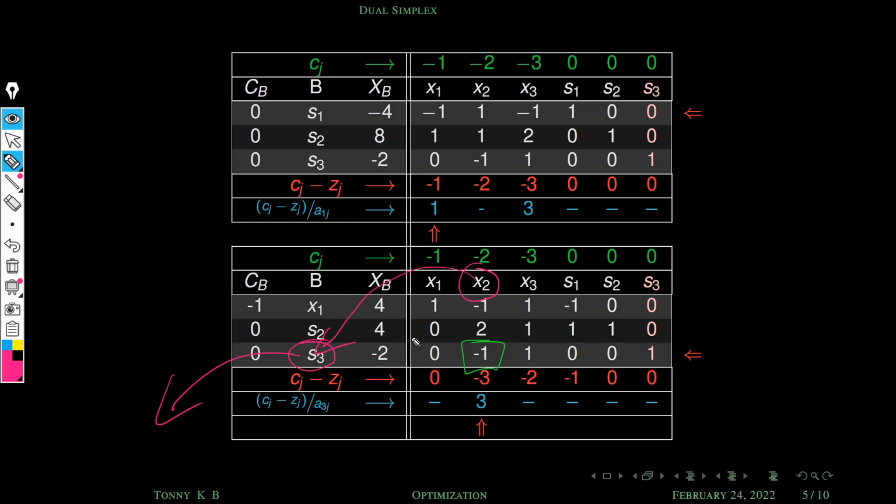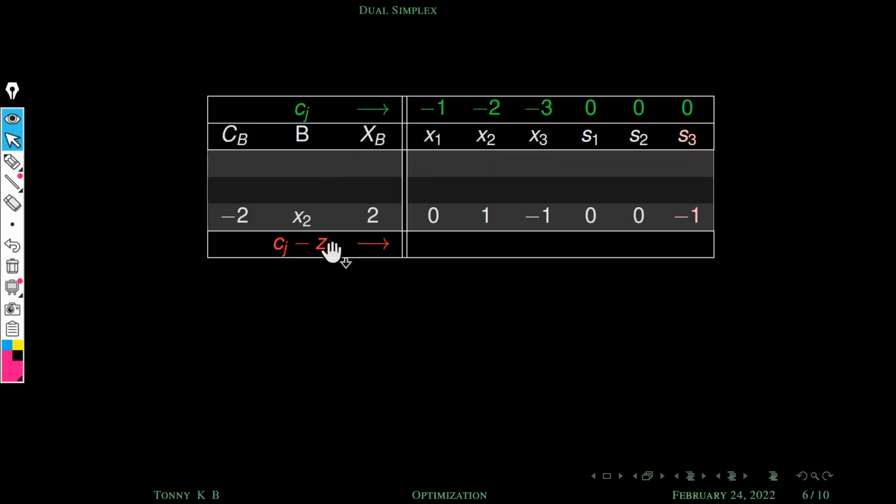Clear? To convert this minus 1 to plus 1, you have to multiply with minus 1. So this is 2, 0, 1, minus 1, like that. And instead of s3, this becomes x2. And what is the cost of x2? The cost of x2 is minus 2. So these are the changes in the first iteration.